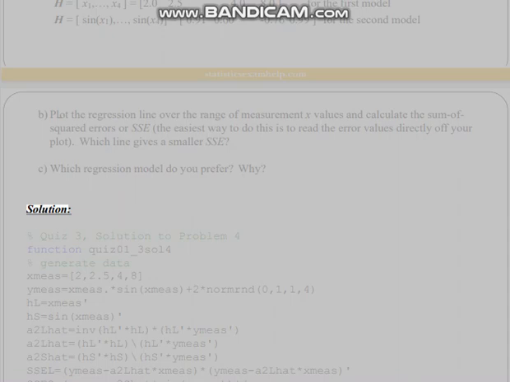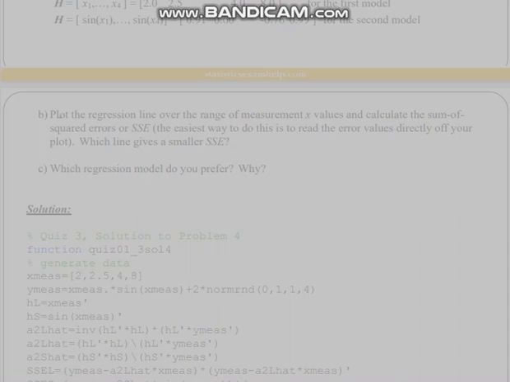Solution. Quiz 3. Solution to the problem: function quiz01_3_sol. Generate data: zmeas equals 2.5, 4, 8; imeas equals zmeas times sin(zmeas) plus 2 times normrnd(0, 1, 1, 4). HL equals zmeas, HS equals sin(zmeas). a2_lat equals inv(HL' times HL) times HL' times imeas; a2_shat equals inv(HS' times HS) times HS' times imeas. Then compute SSEL and SSES from the errors. Set x, yL equals a2_lat times x, yS equals a2_shat times sin(x).